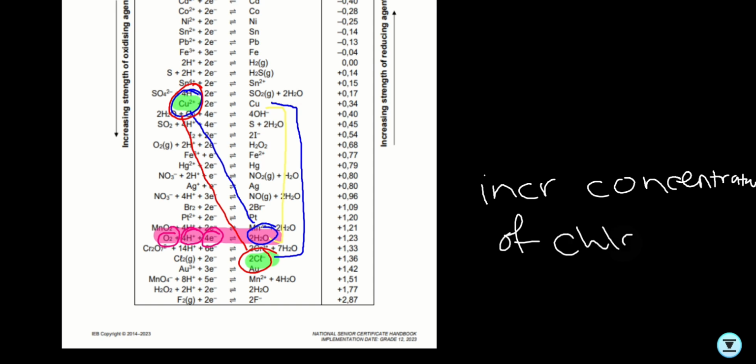So, if I wanted the copper-chlorine reaction to happen, and I actually did want that functioning electrolytic cell, the solution would be to increase the concentration of my chlorine ions.